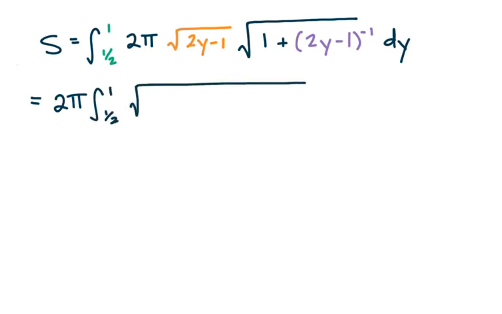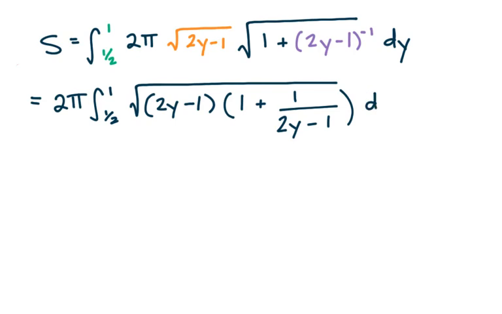This becomes the square root of 2y minus 1 times 1 plus 1 over 2y minus 1 dy. So this first piece, this can distribute to both of these. That's going to clean up quite nicely when I do that.